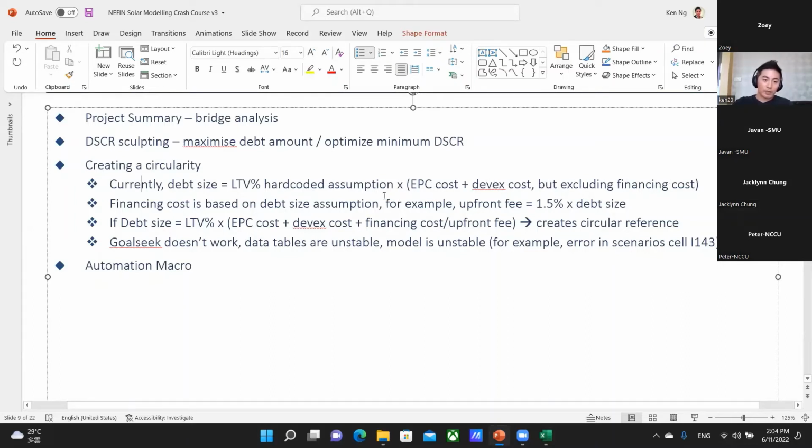The reason for this is because the financing cost is based on the debt size assumption, right? So for example, the upfront fee is 1.5% times the debt size. So if we have the debt size being the gearing assumption multiplied by everything plus the financing cost, this creates a circular reference in the model, which is what we're trying to avoid, right?